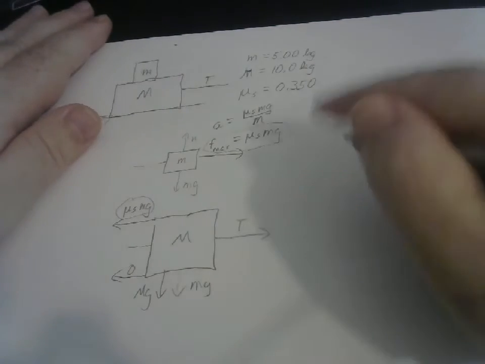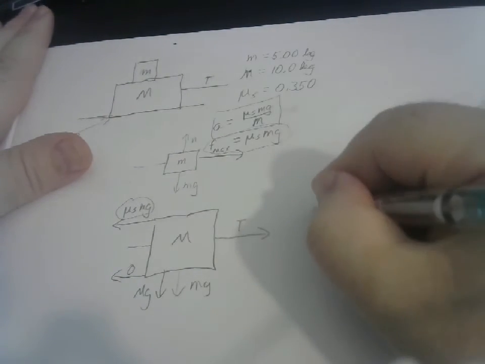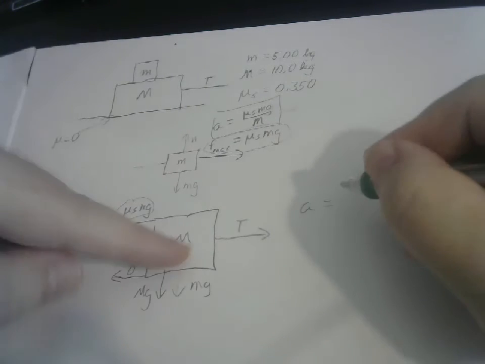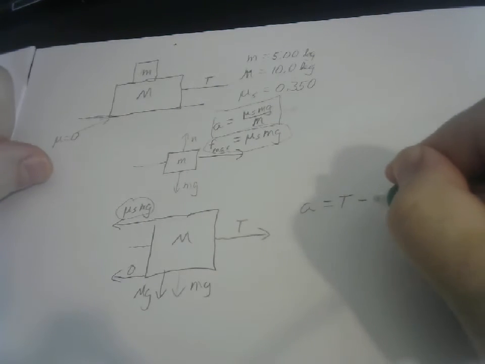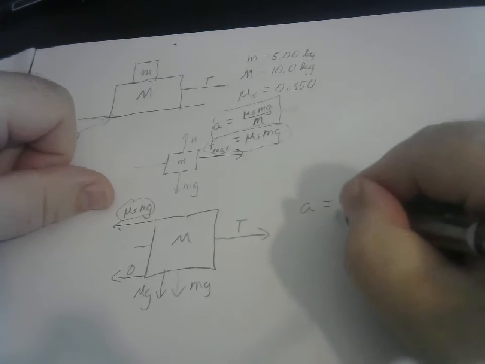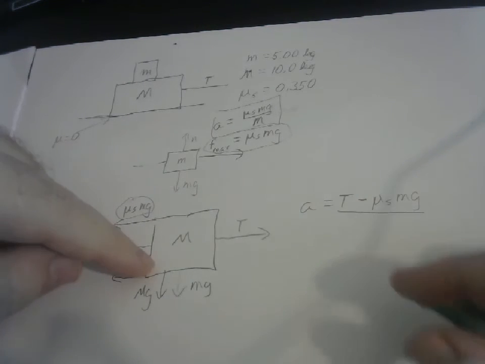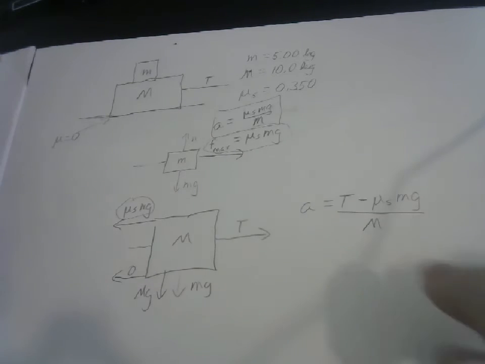So our acceleration on the top, I already wrote the acceleration for that guy. On the bottom we'll have acceleration equals the tension minus mu sub s mg, divided by, we're only considering this block here, so it'll be M.